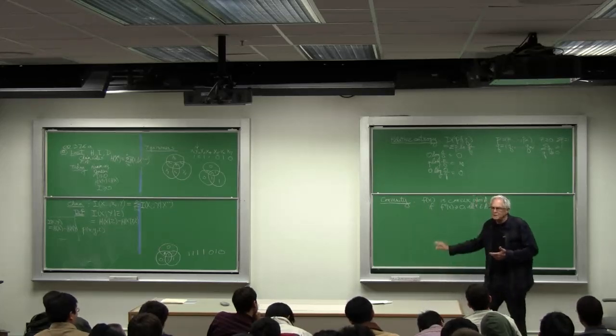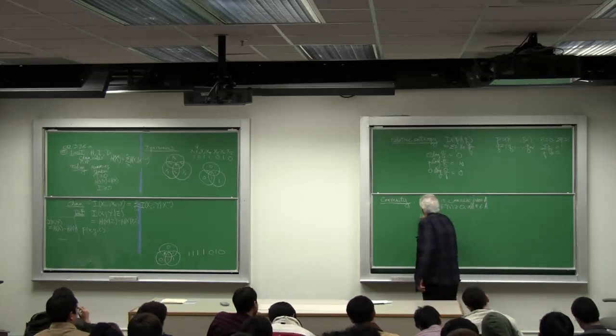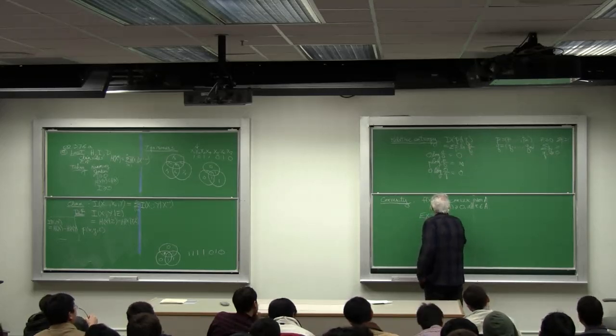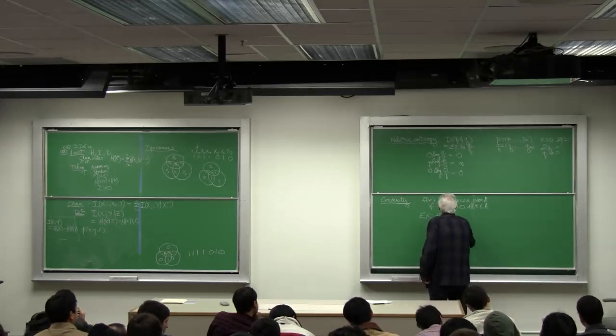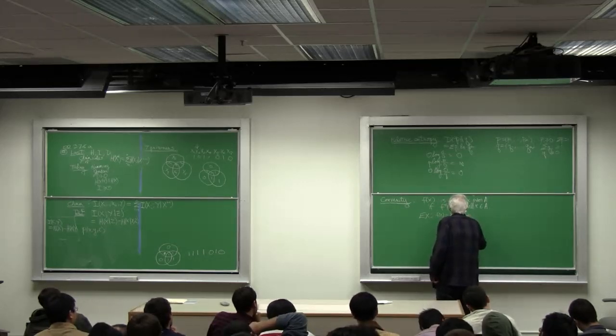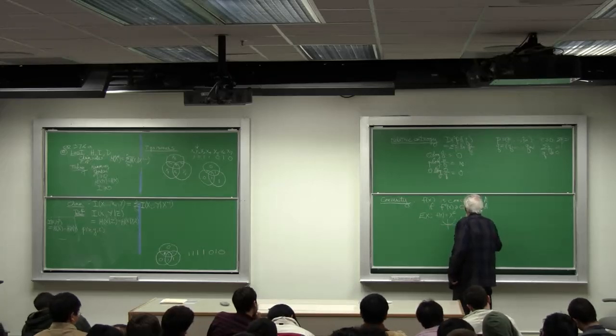Now, wait a minute. There are some nice examples of this, and then I'll give you the wait a minute. f of x is, say, x squared. That looks like this. Or e to the x. That looks like this.